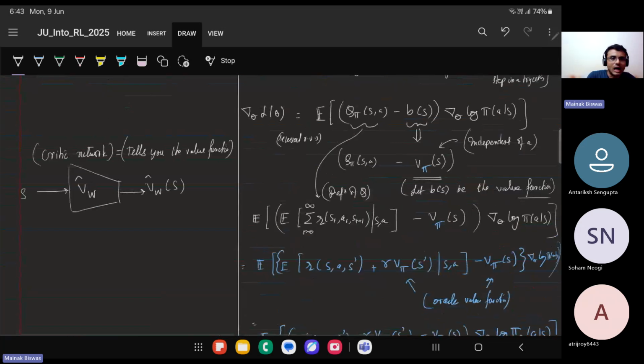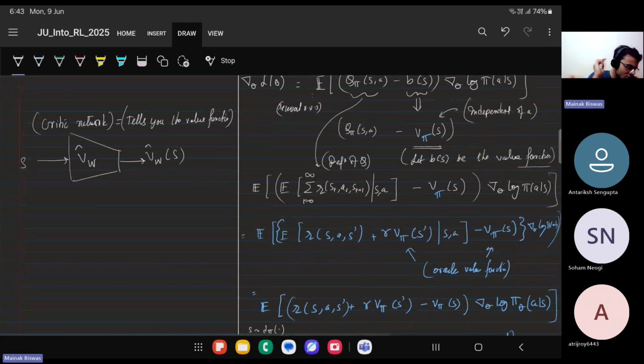So now, how do I learn VW? People who have attended function approximation based value functions. From the states, I'm going to do a feature extraction, and then I have those phi of s.